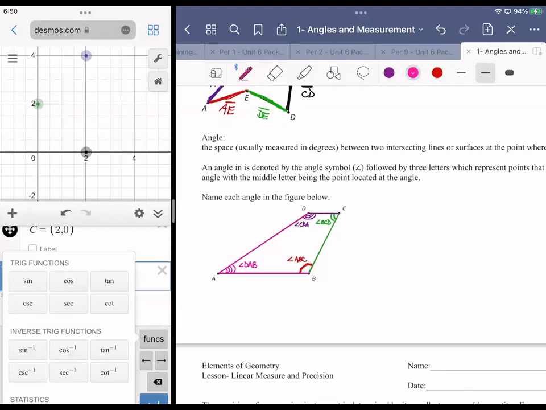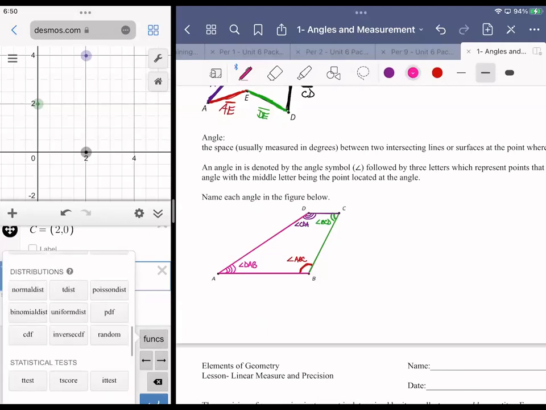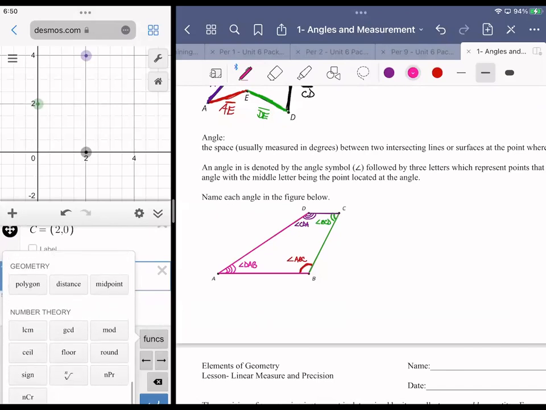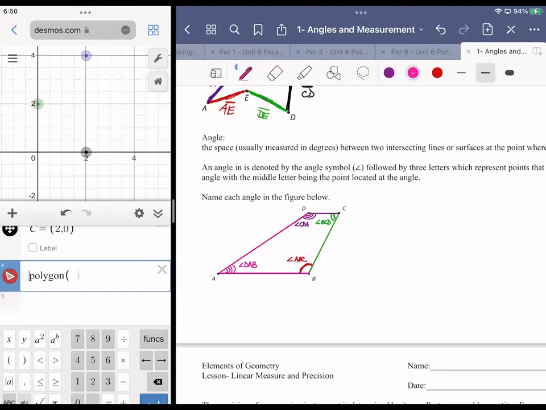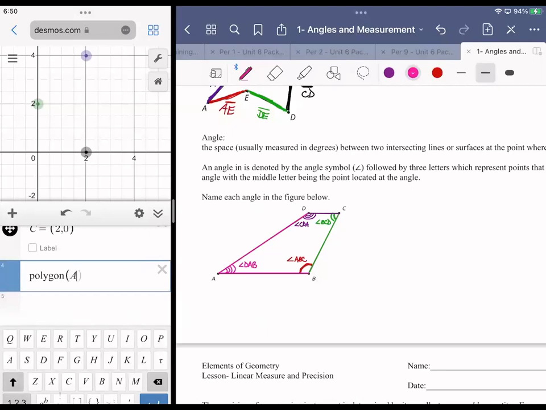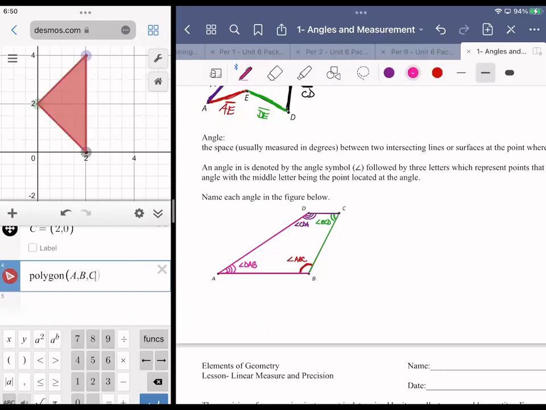But then in the function menu here, in that little section that they reserved for us, you have the polygon function. If I just put in the vertices or the points that make up the polygon, it'll plot it for me, which is really nice.